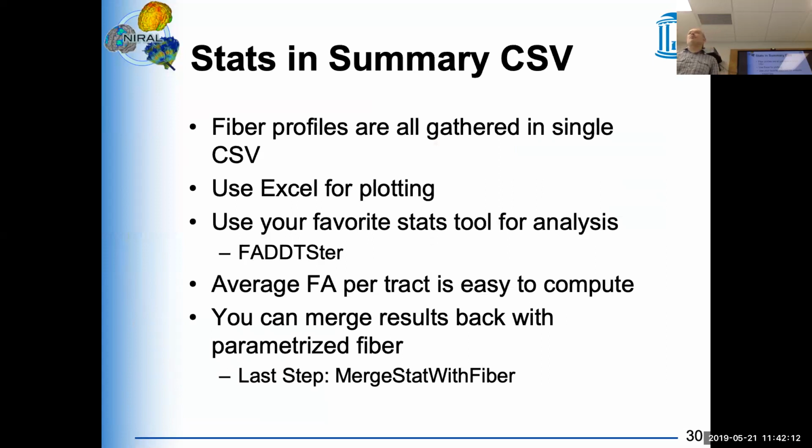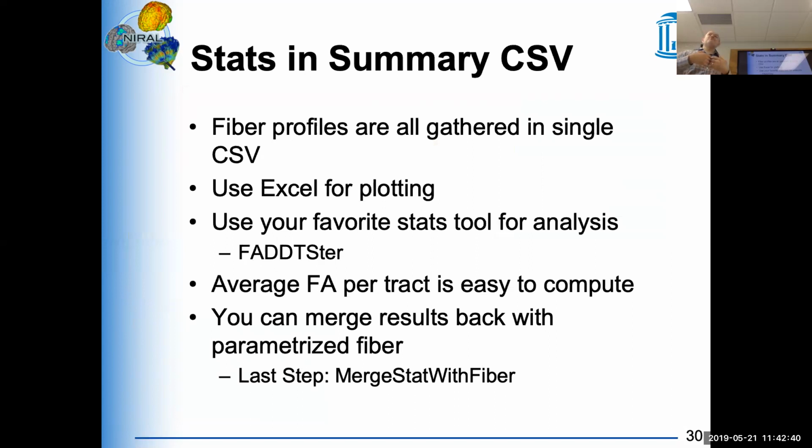So if you want, for example, rather than an average FA across the whole tract, only those regions that actually have good signal, then you can use that tool as well. But that's easy to do manually if you don't want to use the tool. Additionally, let's assume you've taken these profiles, given them to your biostatistician, or you analyze them yourself.